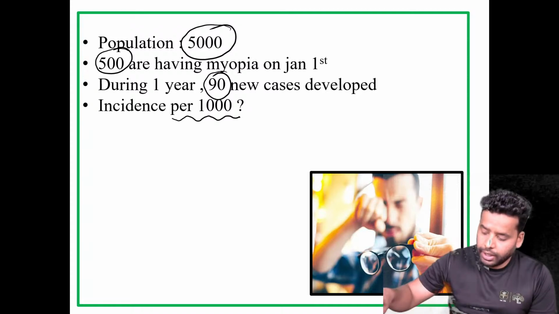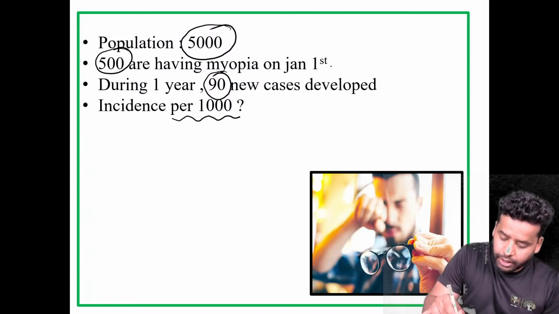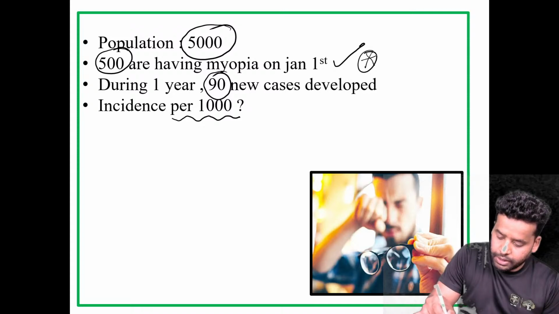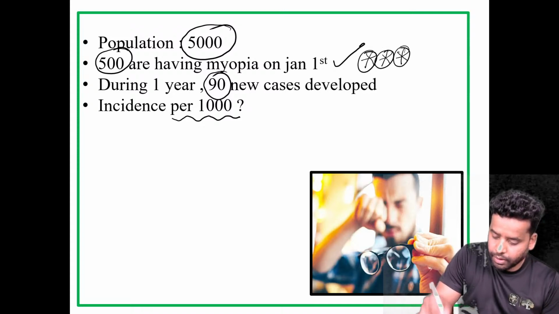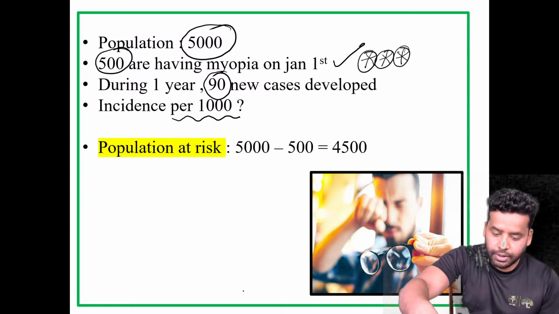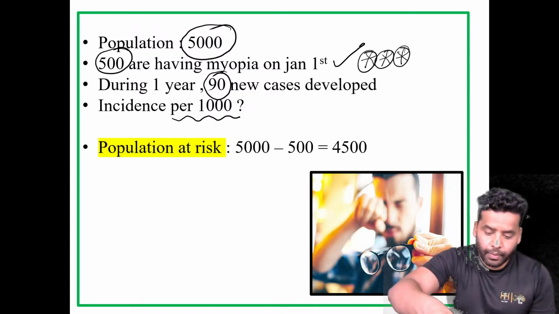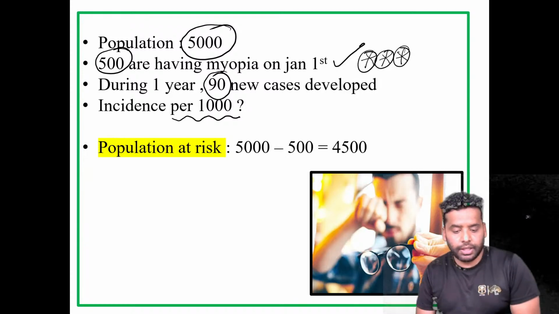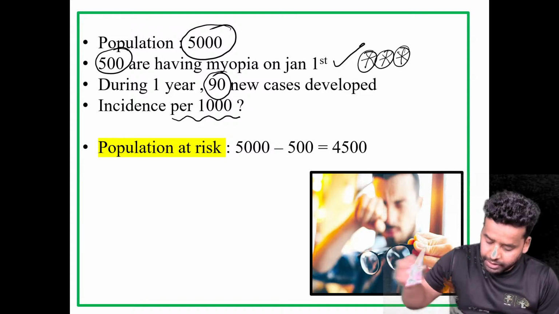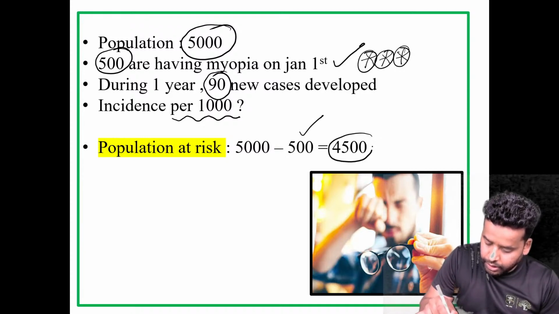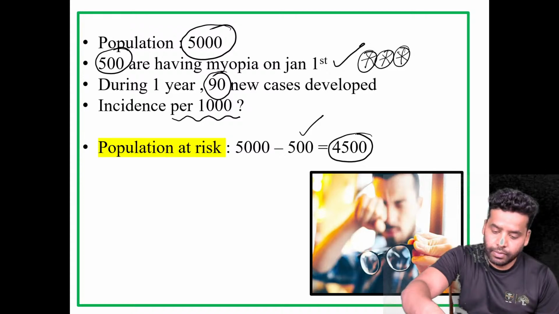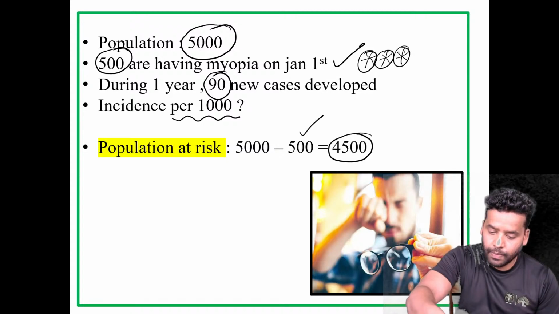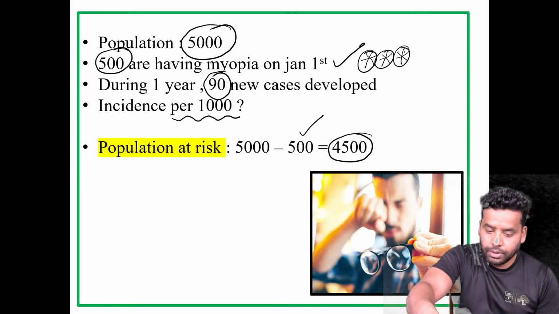If 500 are already having disease, what is the population at risk now? 500 will be subtracted, so 4500.